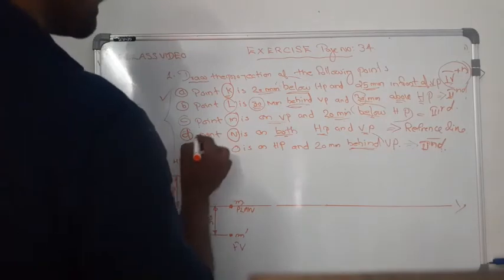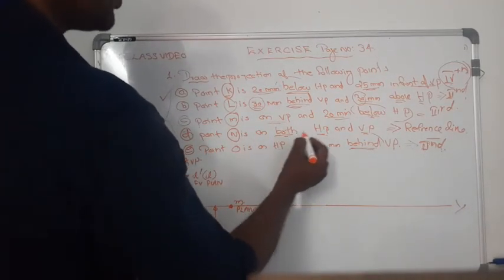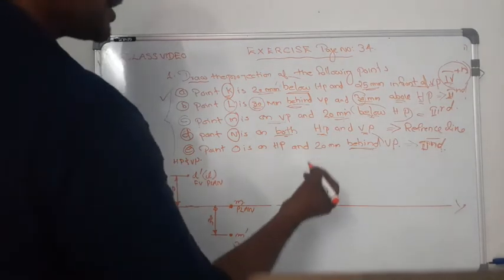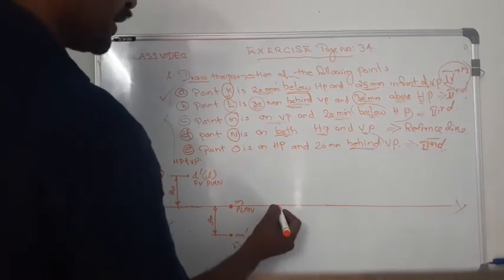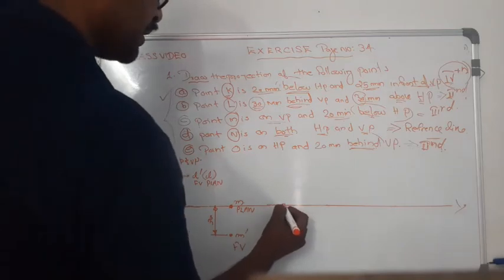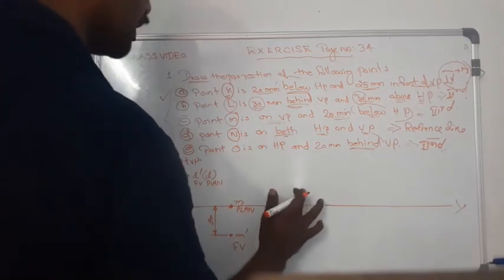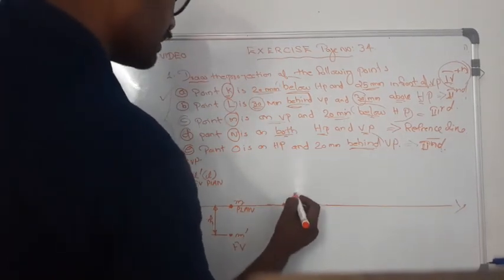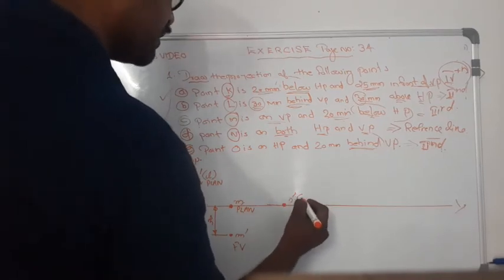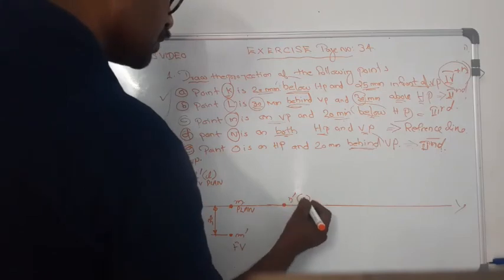Now we have to discuss the fourth one. The point N is on both HP and VP. That means that point is also on the XY line. Now we put a point here. First we mark its front view, that is n dash, and in bracket we write small letter n.